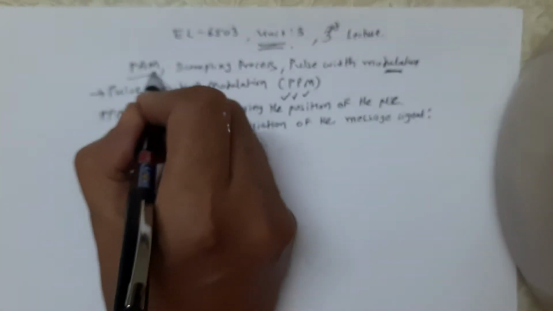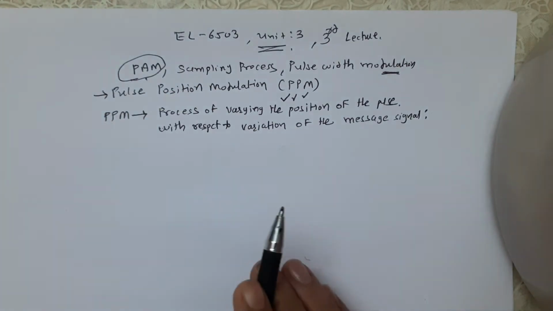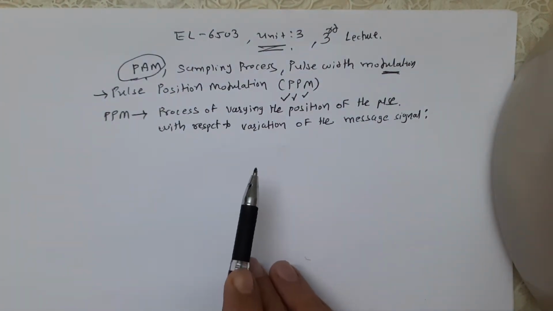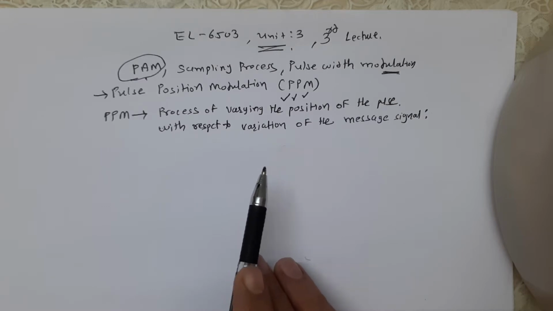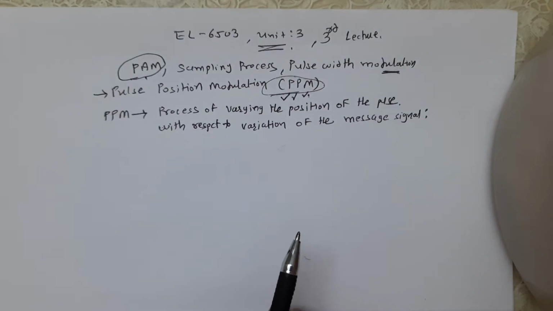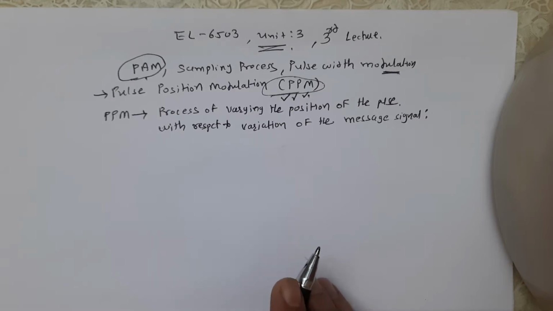In PAM, amplitude varies with respect to variation of the message signal. In PPM, position varies with respect to variation of the message signal. Now let Tp indicate the timing instant of the leading or trailing edge of the pulse.